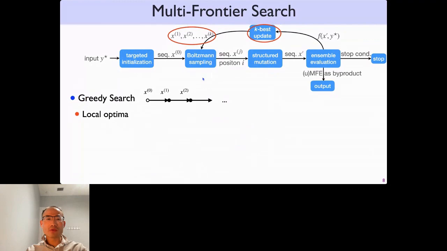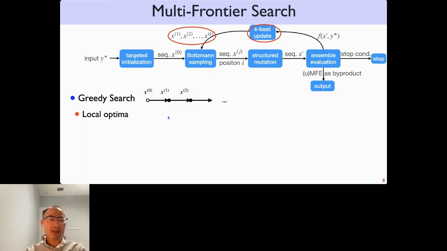And then we compare the multi-frontier search with the traditional greedy search. In the greedy search, at each step, the new sequence would replace the old sequence if and only if the objective gets better.